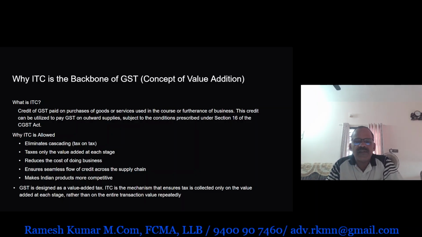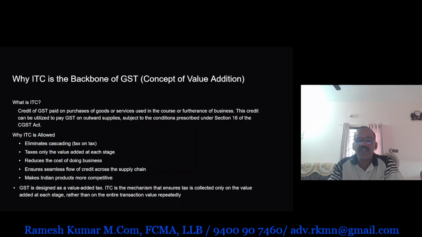GST removes this problem through the ITC scheme. That is, a tax paid on purchases becomes available as credit and is adjusted against GST payable on supply.